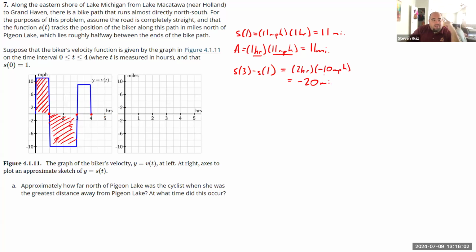So let's remind ourselves of what positive values give me here. Okay, so miles north. So at 1 hour, I'm 11 miles north of this reference point, Pigeon Lake. How far am I from Pigeon Lake after 3 hours? From hour one to hour three, I went 20 miles south. But remember, at hour one, I was 11 miles north.